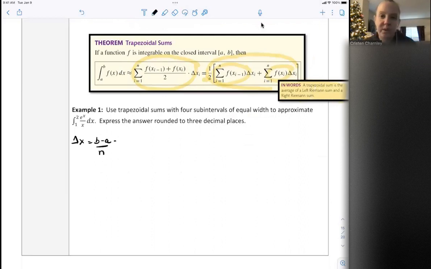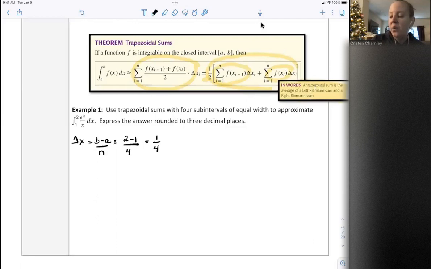For this problem, what do we have for b and a? You tell me. 2 and 1, perfect. So 2 minus 1, and then how many subintervals do we have? 4, exactly. So I know that this has a delta x of 1/4.